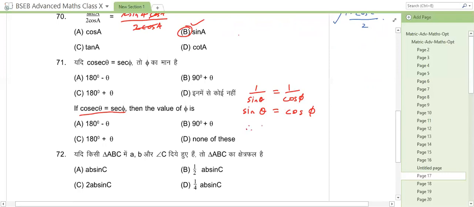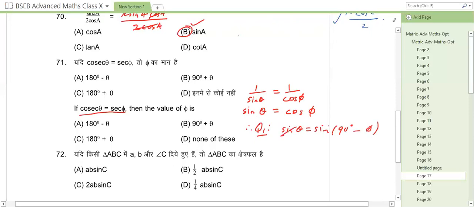Therefore, we need to see where sine is positive: first quadrant, so quadrant 1. So remember, sine theta is equal to sine of 90 degrees minus phi.